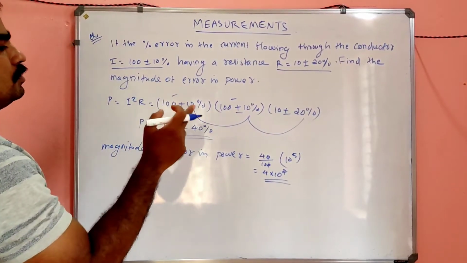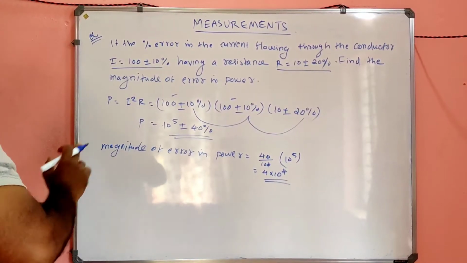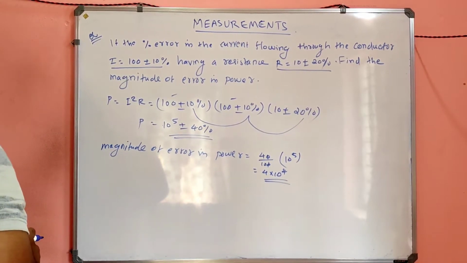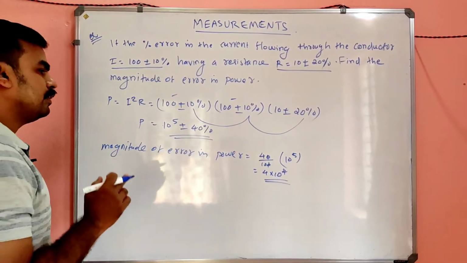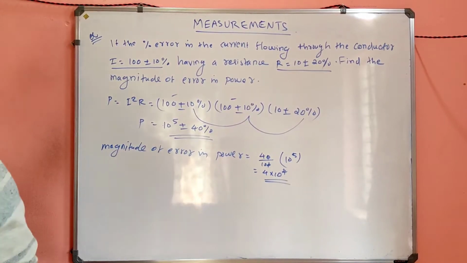10 plus 10, 20, 20 plus 20 is 40. Magnitude of error in power, am I correct? Just a minute, my dears.